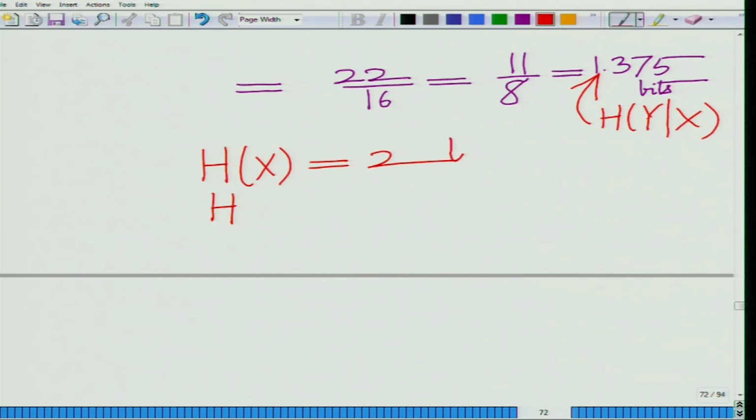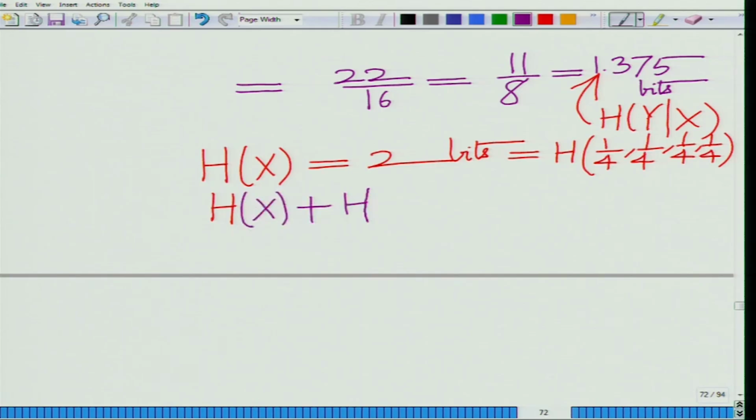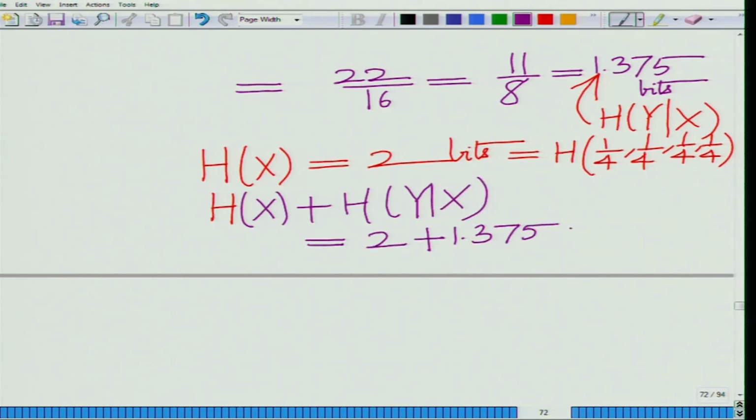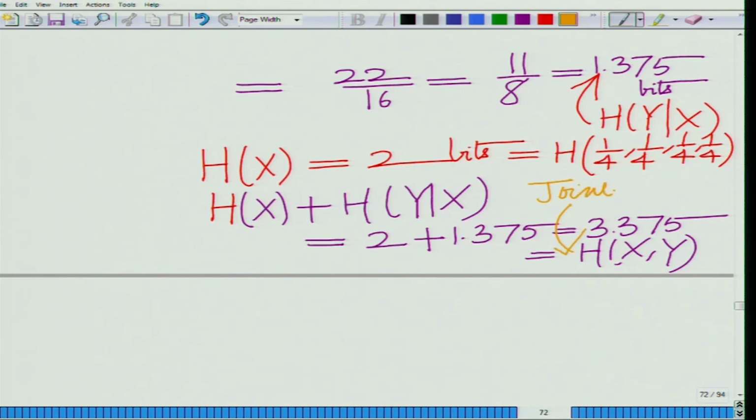So, h of x, we have calculated this, is equal to 2, because all the marginal probabilities are equal to 1 by 4, and you can check that h of x plus h of y given x is equal to 2 plus 1.375 equals 3.375, which is indeed equal to the joint entropy of x comma y, which we had also computed.